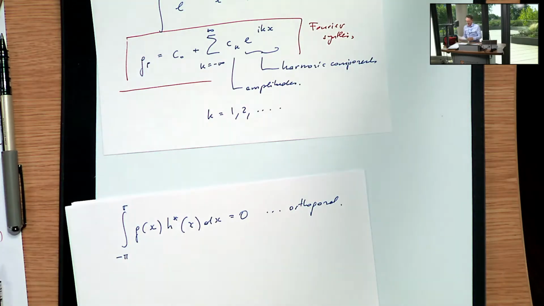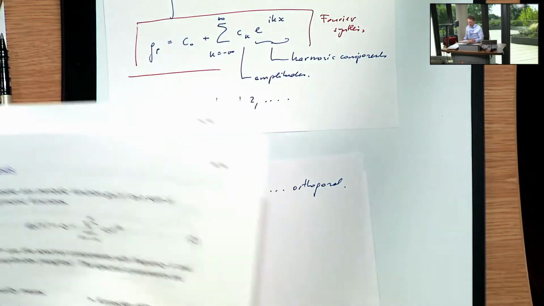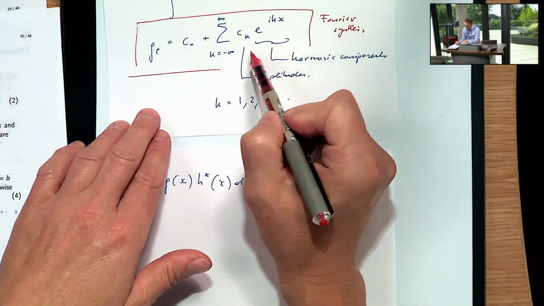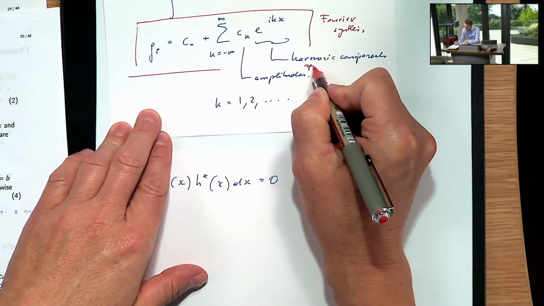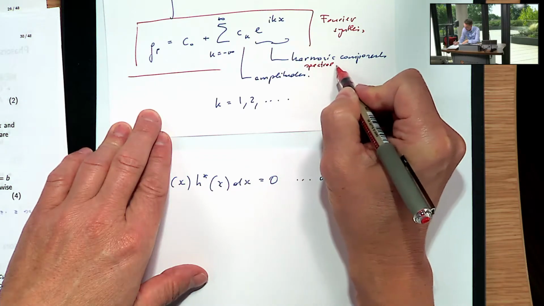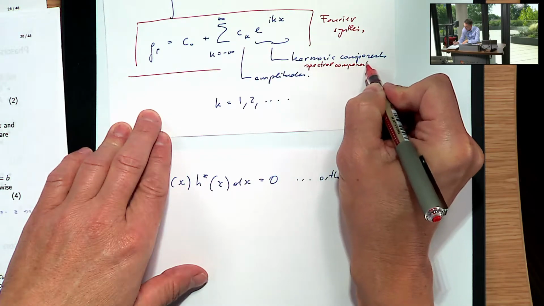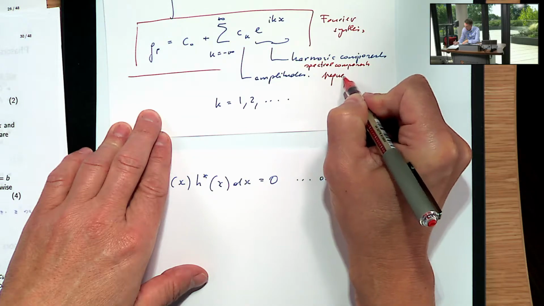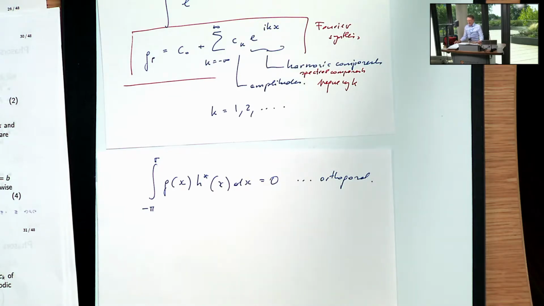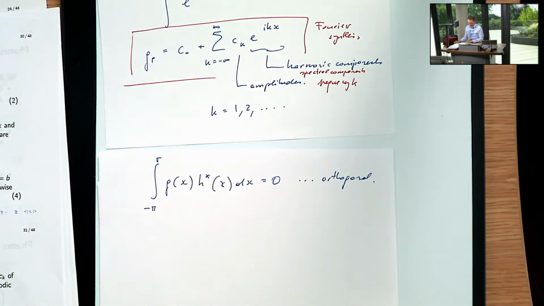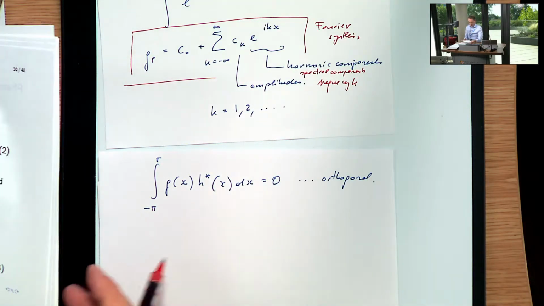So just to say this, these terms e to the ikx are called the harmonic components, or we will talk about these as the spectral components, and they have frequency k, and each one is weighted with the right amplitudes. Okay, so right.